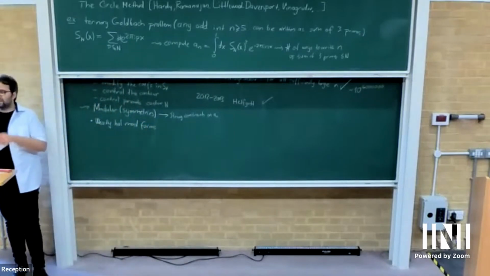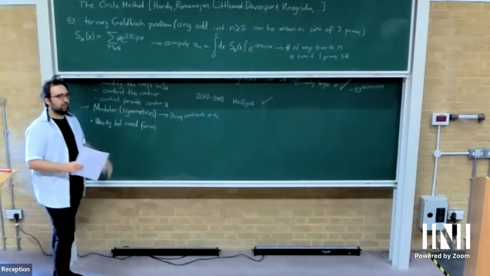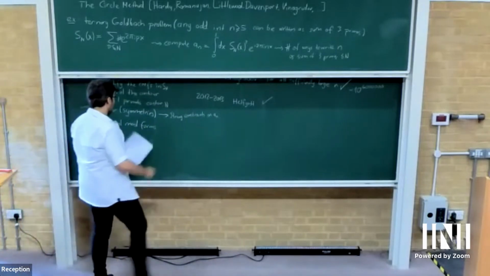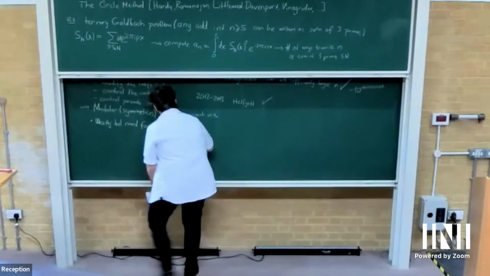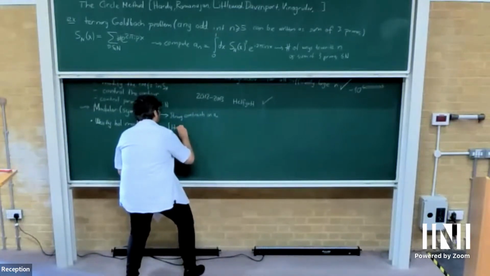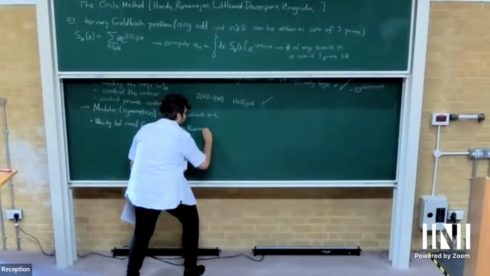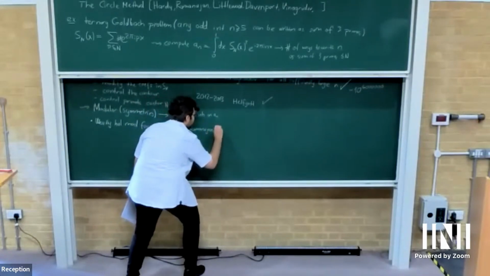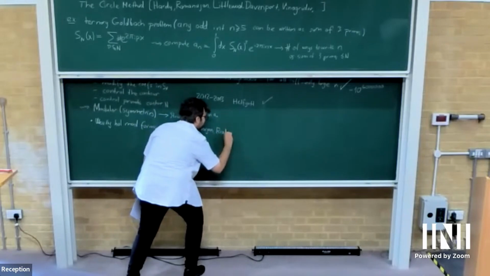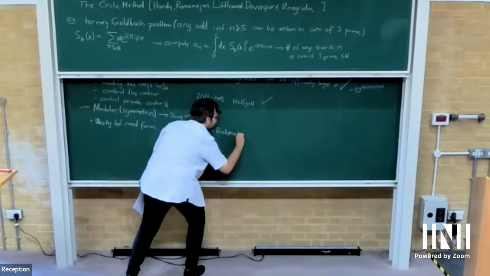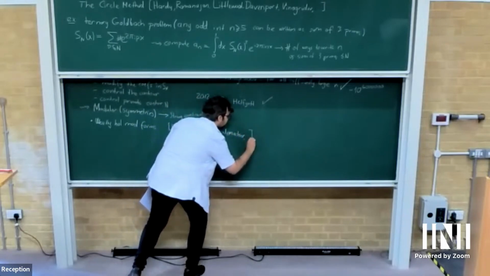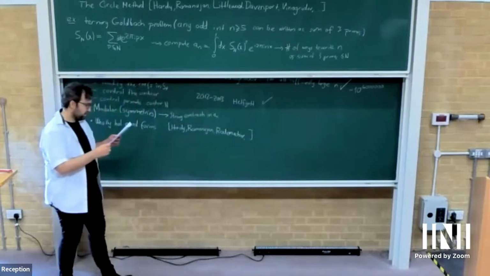I'll always consider non-positive weight. So starting with Hardy, Ramanujan, a lot of work contributed by Rademacher, and of course, many others afterwards that work on variations of it.